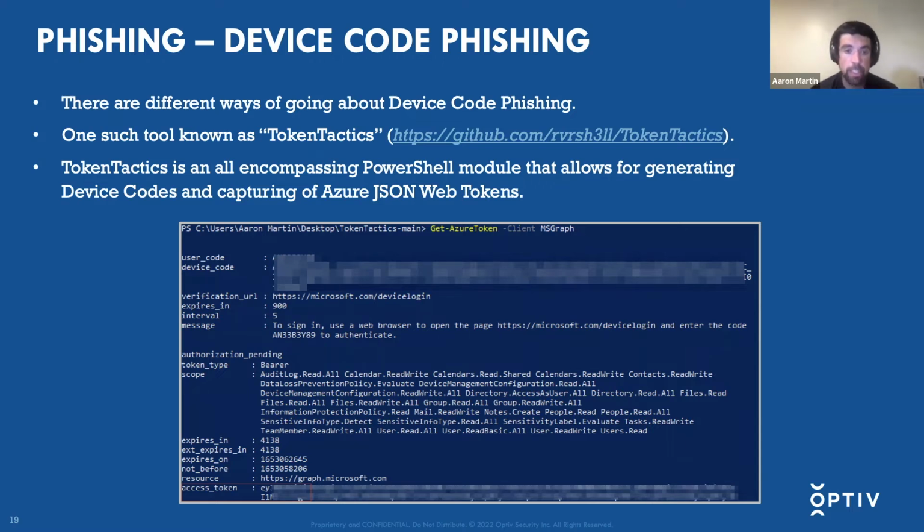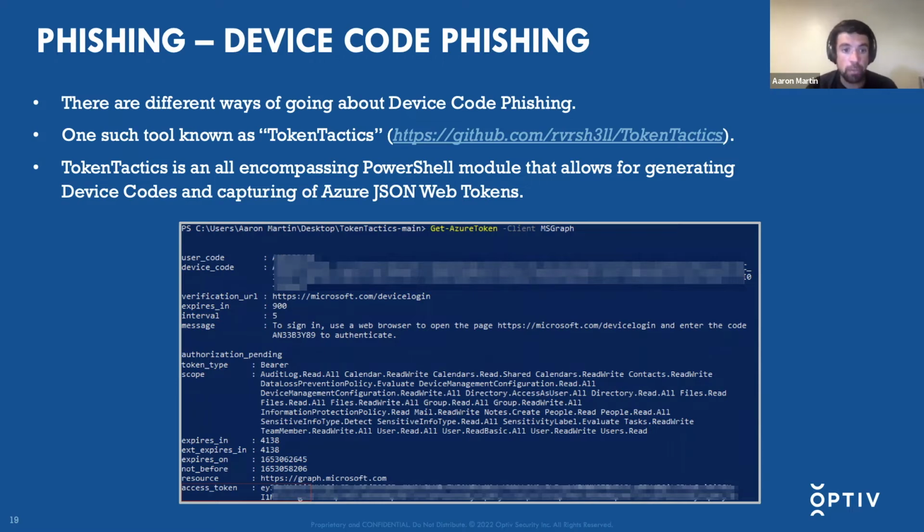This is the way that you can gain the access token and refresh token of that user. So say you send a phish to a user, and they're logged into their internal corporate domain. They have a primary refresh token with an MFA imprint.